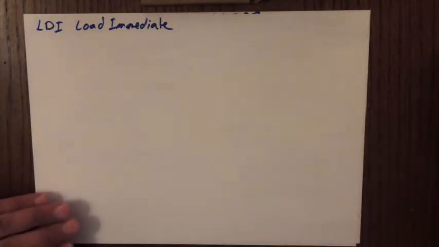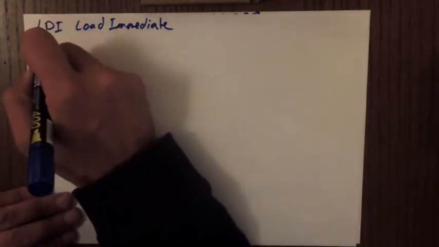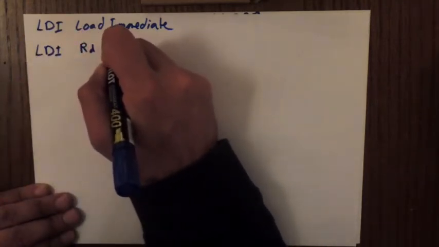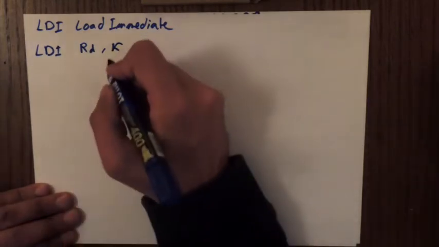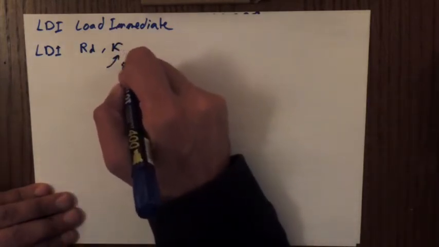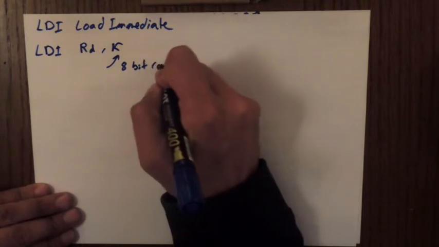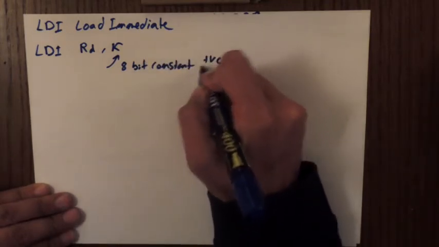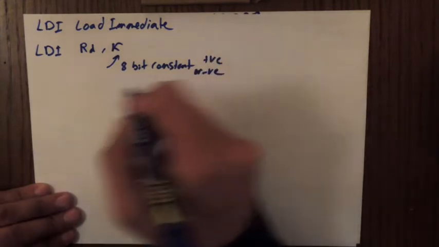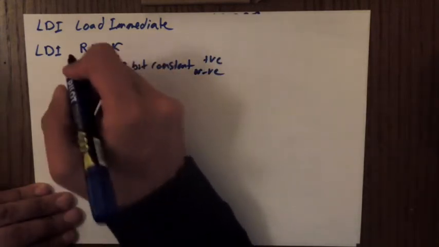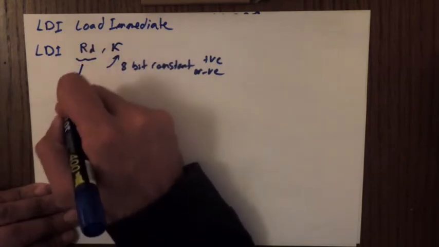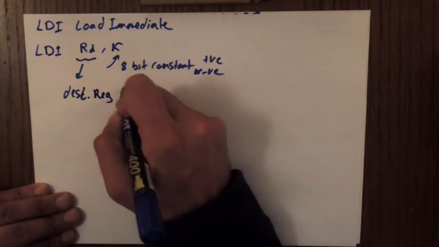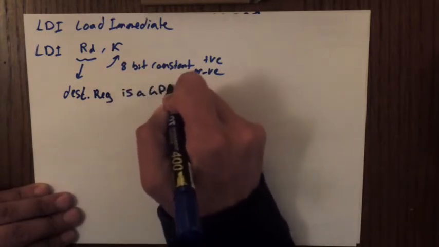What it takes is as follows: LDI Rd, K. K is an 8-bit constant, which could be positive or negative. We also have the destination register. This destination register is a GPR.